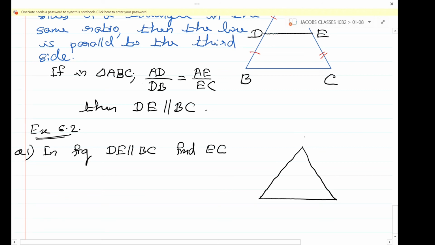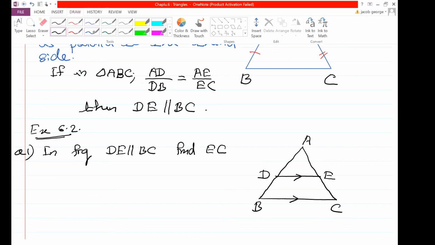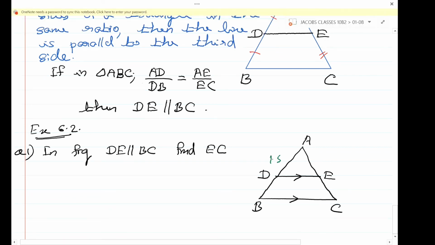Please draw this diagram ABC, and then DE, parallel to BC. This is 1.5 centimeters, it is given. AD by DB equals AE by EC. Correct. And this one is 3 centimeters, and this is 1 centimeter. So please try to find the answer and put it in the chat box.